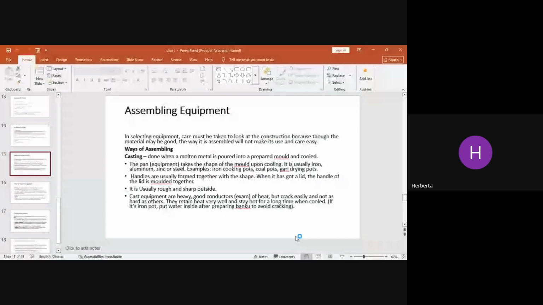These items are normally heavy and heat resistant, but the disadvantage is that they crack easily, though not as hard as other cast metal, depending on the material that is being used for the item.